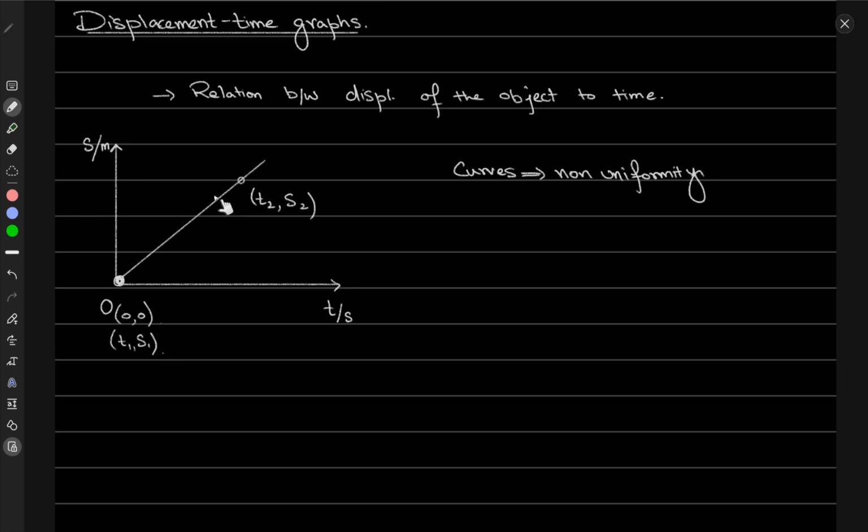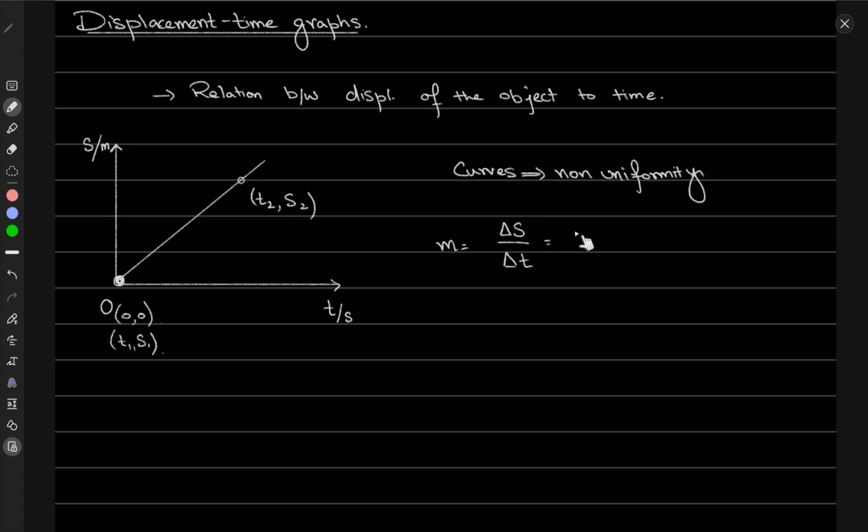Now we know from mathematics that the gradient of a graph is normally represented with m, right? So you can see that it is the change in the vertical axis, which is s, divided by the change in the horizontal axis, which is delta t.